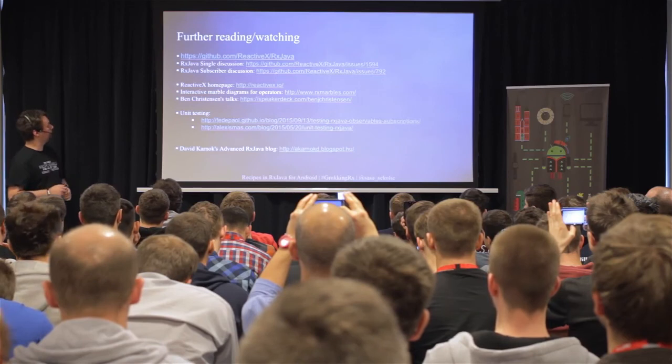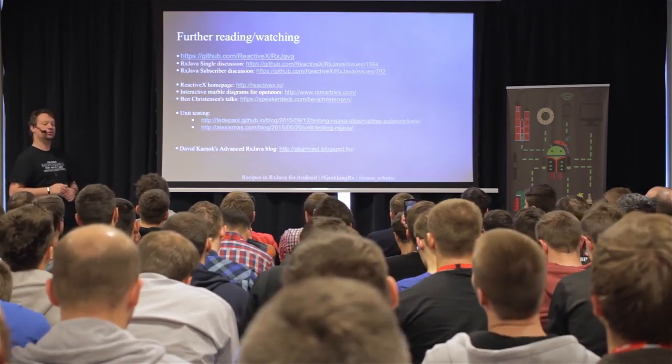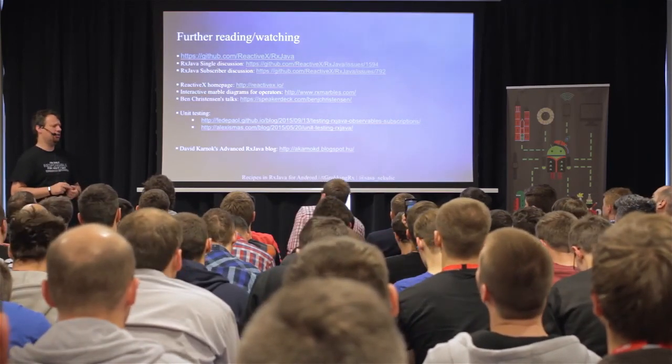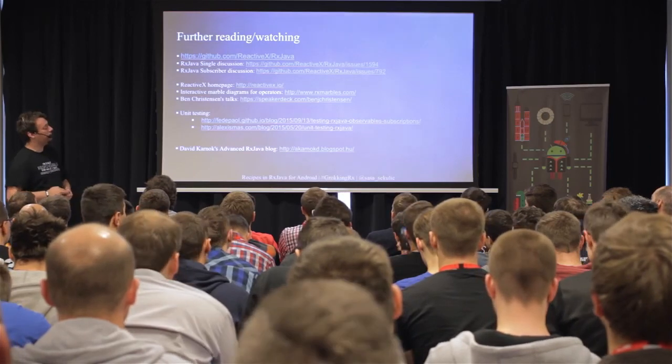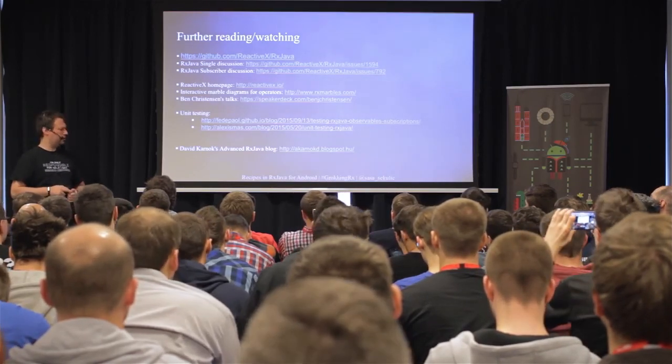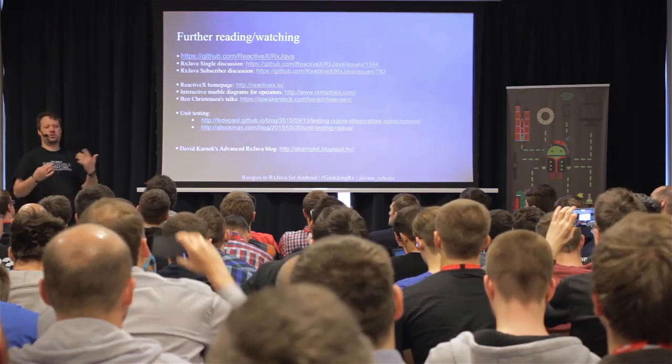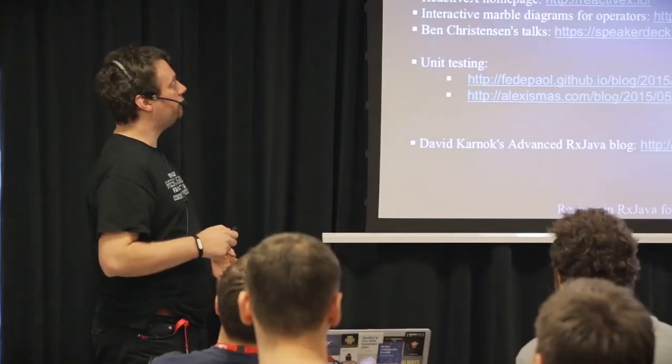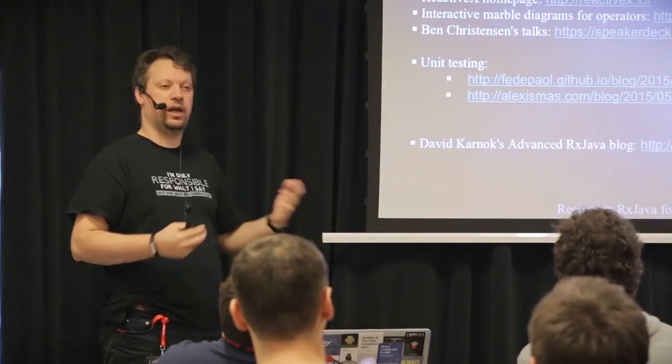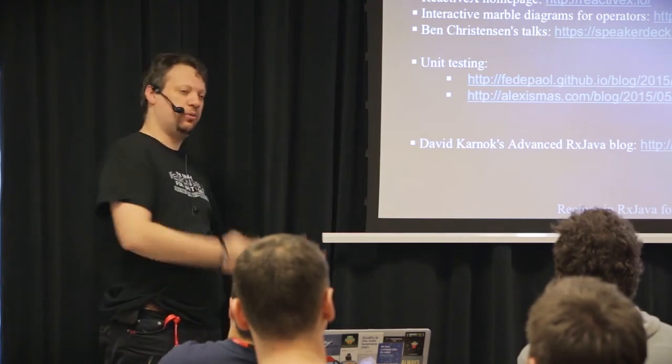There is also the single, which is a new thing, still, I think, experimental. It was requested, I think, by Retrofit, because when you do network calls, you're just going to have one value. So you have all that discussion there, again, how and why it works, what the problems are and everything.